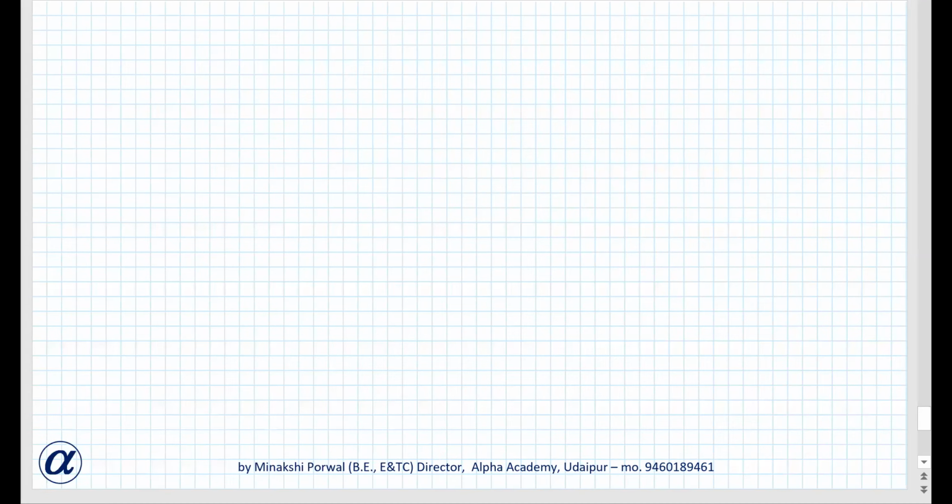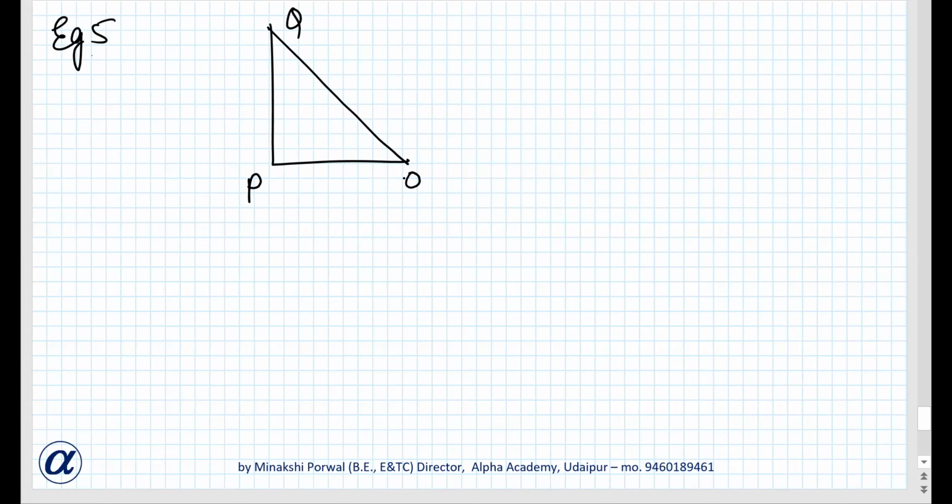Okay, solving. So it is given that there is a triangle, example 5, triangle QPO, and OP is 7 centimeter. It's right angled here. OQ is 1 plus PQ. It is given actually. We have just moved PQ to the other side. We'll first put Pythagoras theorem.